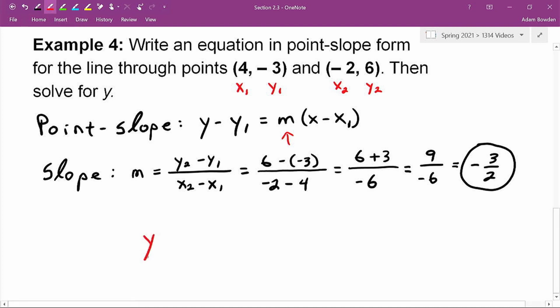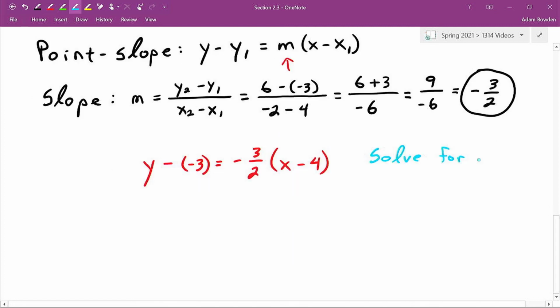I can then plug these numbers into the point slope form using our first point for x1, y1. It would go y minus -3 equals -3 over 2 times x minus 4. So for here, we'll go ahead and solve for y.